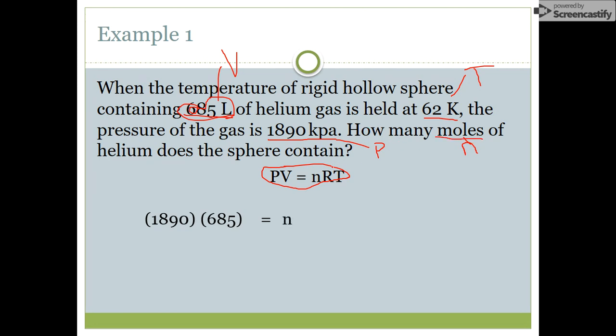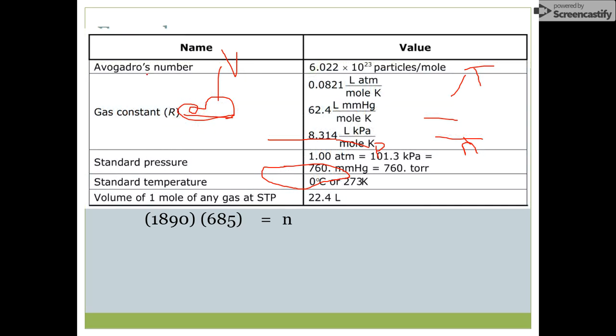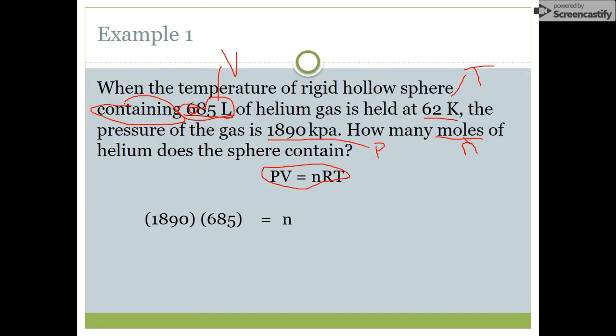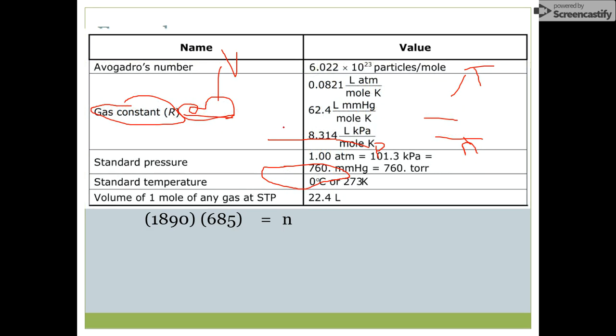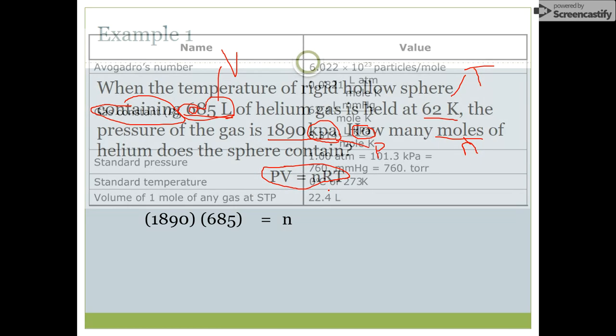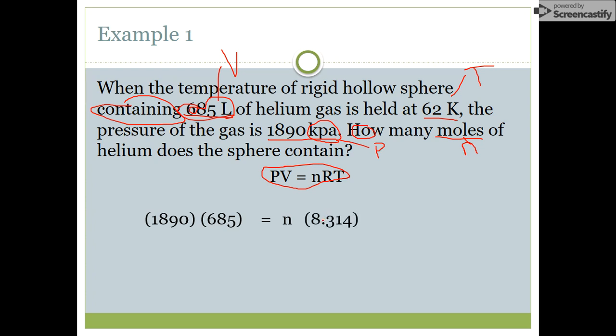So it's just N. The way I'm going to figure out R is, remember, the front page of your reference table has this gas constant R. The pressure is in kPa, so I'm going to find the number that goes with kPa, which is 8.314.